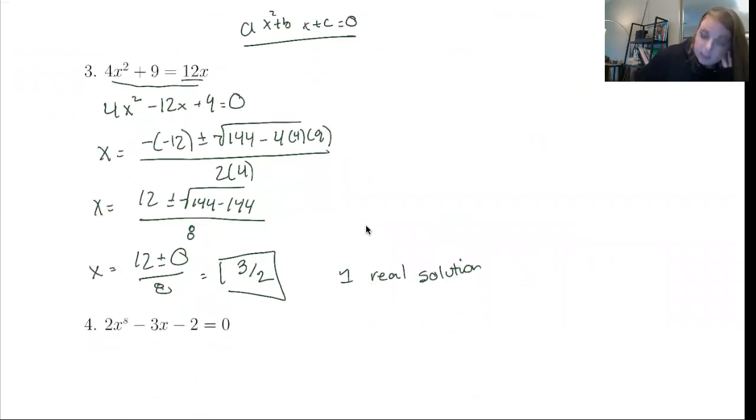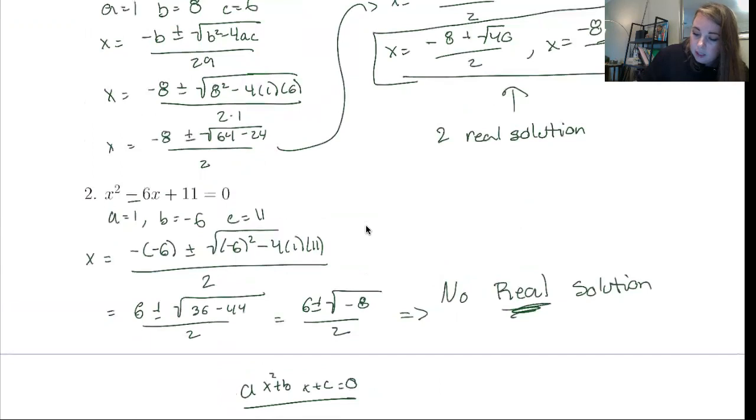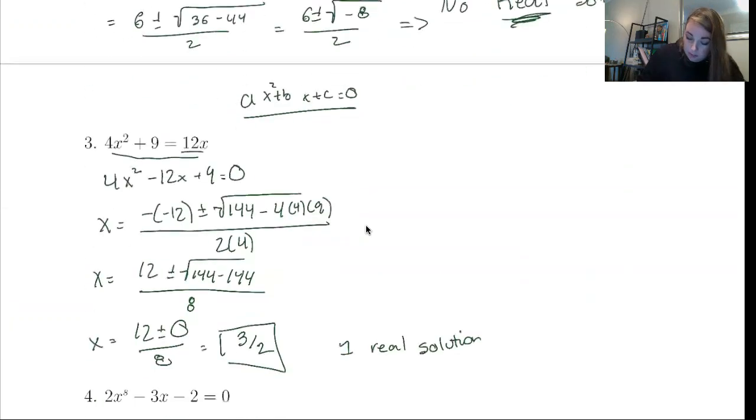That plus or minus gives me 2 solutions, but if that square root is 0, I only get 1. If the square root is positive, I get 2 different real solutions. But if it's negative, I get 0 real solutions, no real solutions.